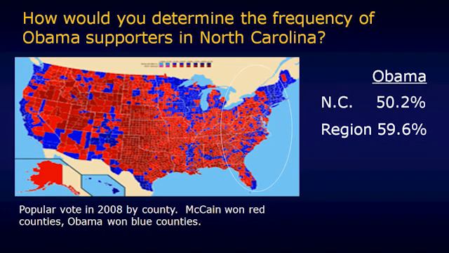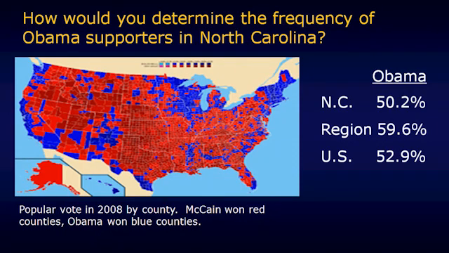But let's tie our hands even a little bit tighter behind our backs and say, I want to know the fraction of individuals who voted for Barack Obama in North Carolina, but I don't have data from North Carolina, and I can't even break down the data from the perspective of the East Coast. All I can do is look at the overall U.S. population. What does that do to our estimates of these frequencies?